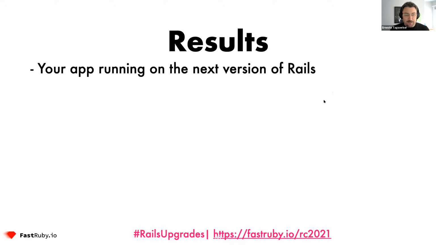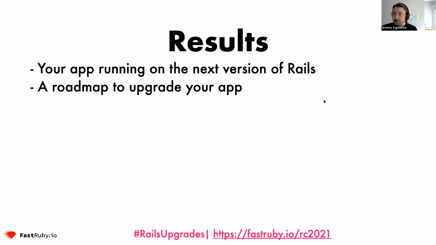The truth is that the later releases of Rails, like Rails 6.0 and 6.1, and those version jumps have become easier and easier as the team has shipped more upgrade-friendly changes. So that's awesome. If you did not manage to upgrade your application today, or you didn't even get to bundle install with the next version of Rails, well, maybe this gives you a roadmap to work on your upgrade.